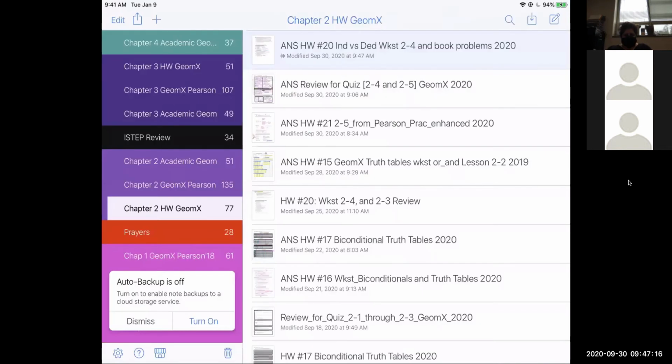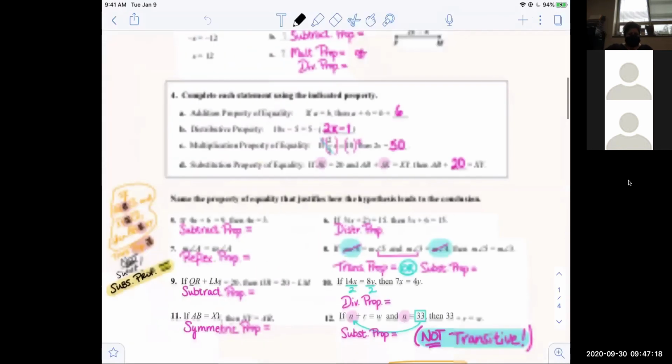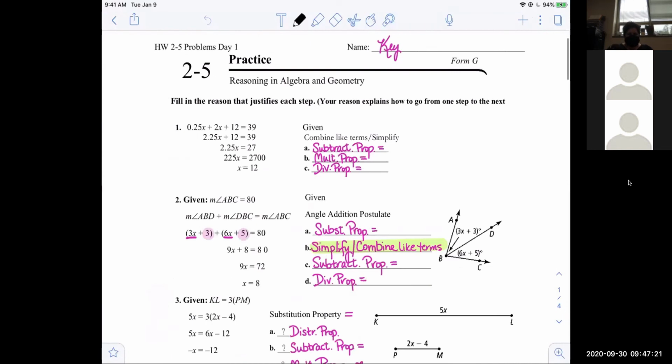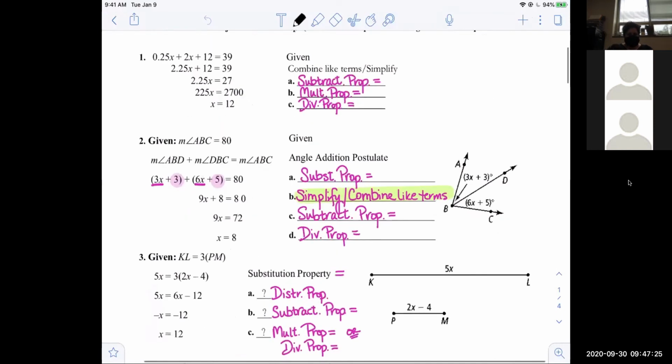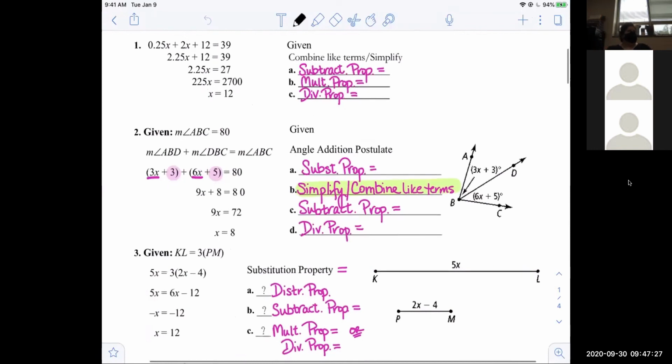Okay, and then here's homework 21 answers. I'll zoom in a little bit more.